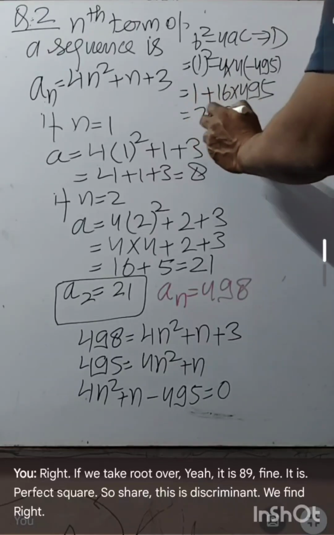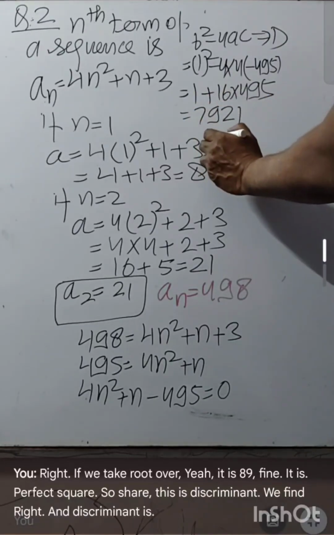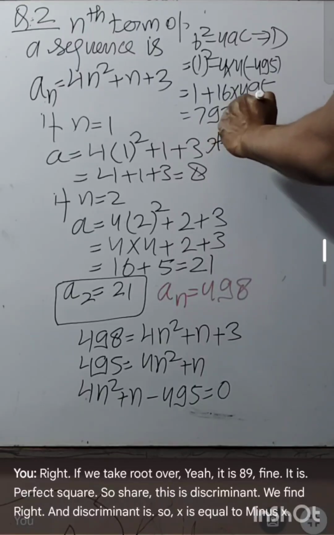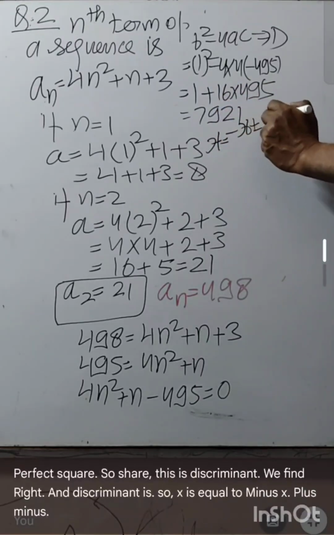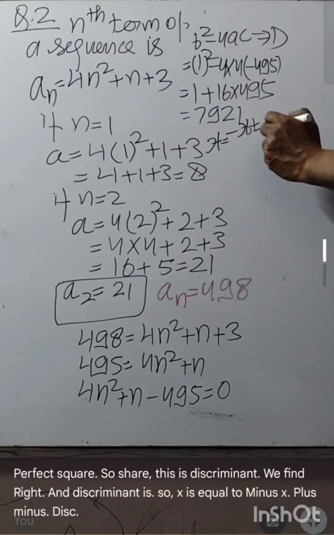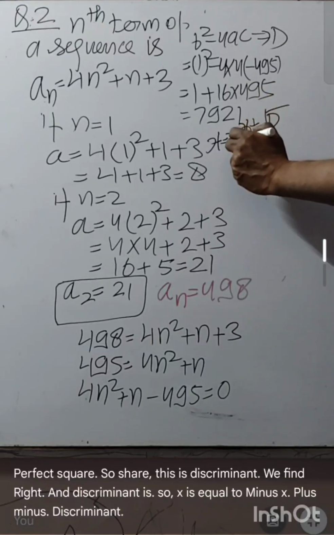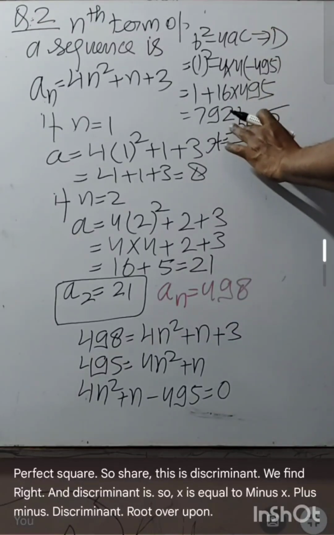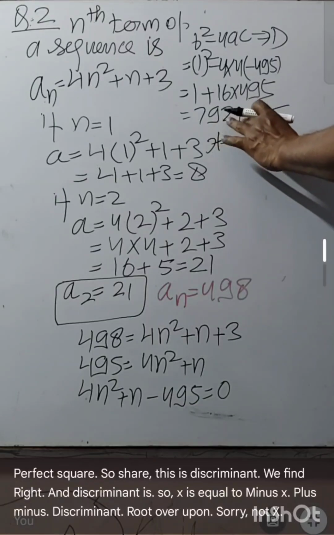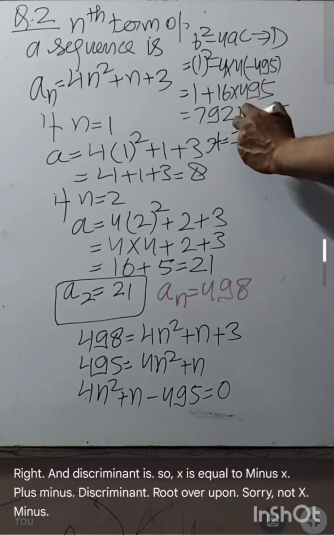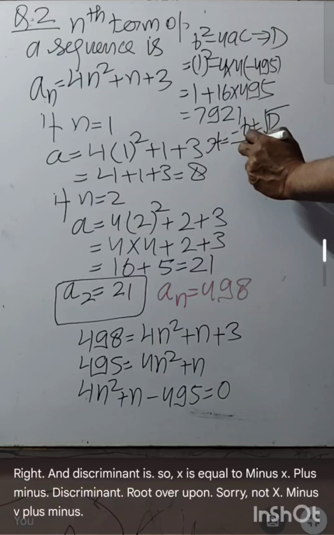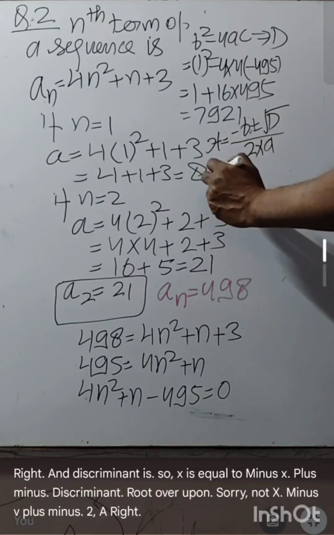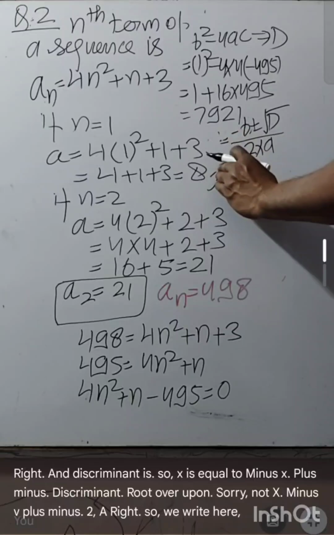And discriminant is, so x is equal to minus b plus minus root of discriminant upon 2a, right? So we write here n, not x.